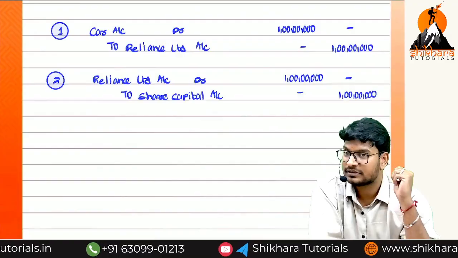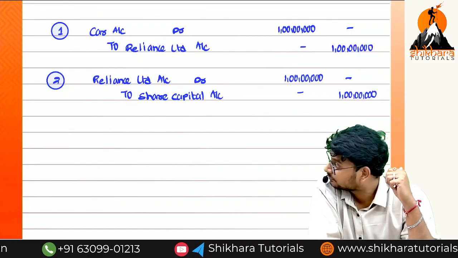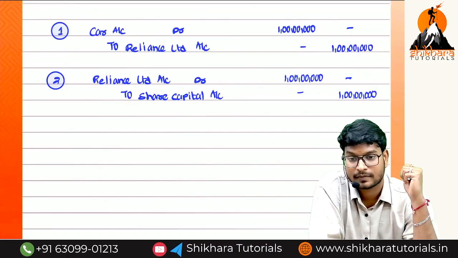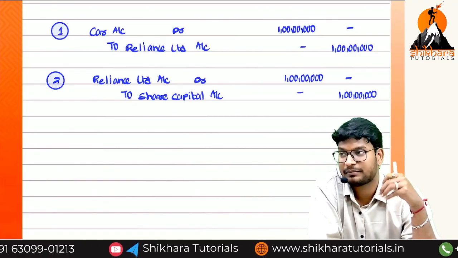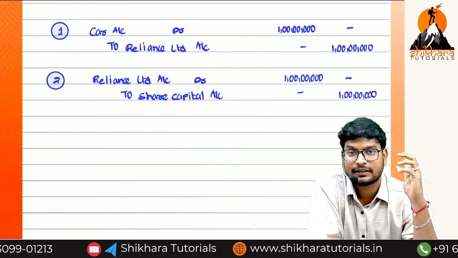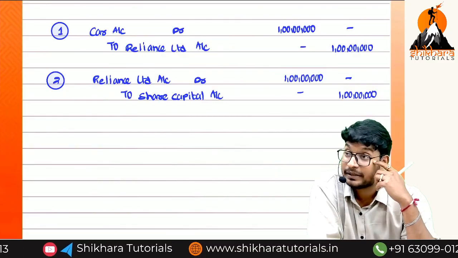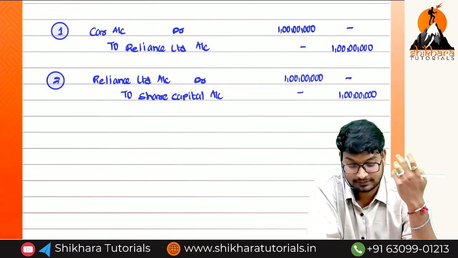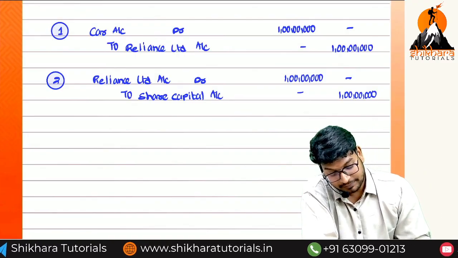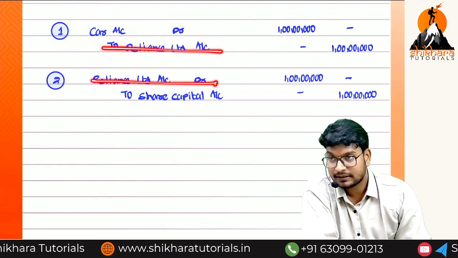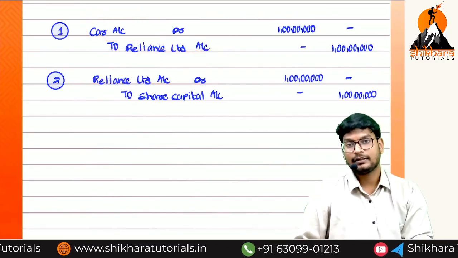So this is the concept called consideration other than cash. If you want to write the narration, what is the narration for the first entry? Being car purchased on credit. For the second, we are paying the consideration in the form of shares. If you net it off, Reliance and Reliance will be cancelled. Ultimately, the car account debited to share capital account.